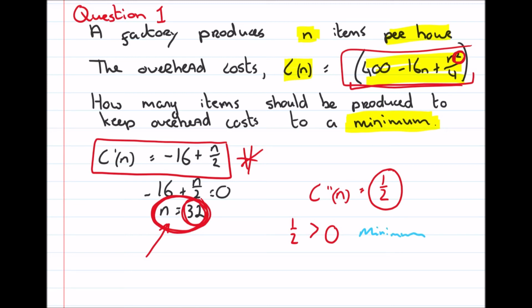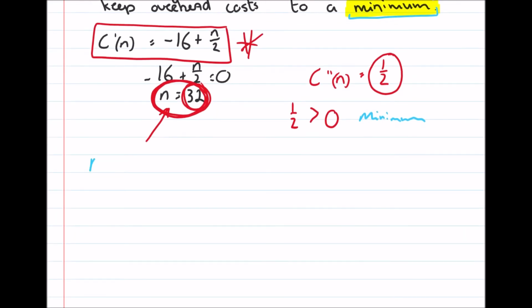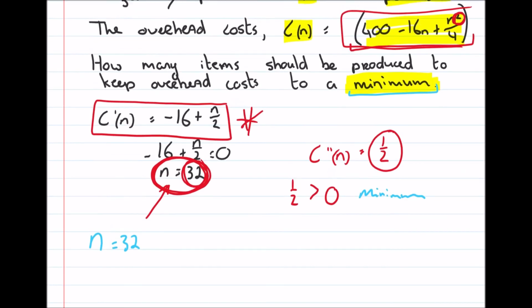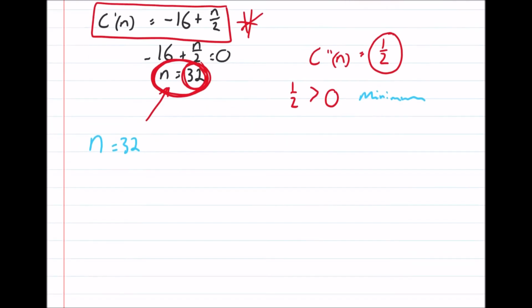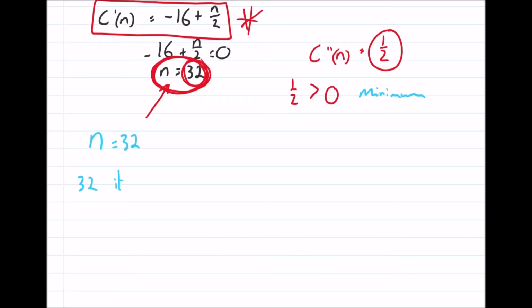And that's what we were looking for, wasn't it? Minimum. So now I can with confidence say n equals 32. So 32 items should be produced to keep overheads at minimum.